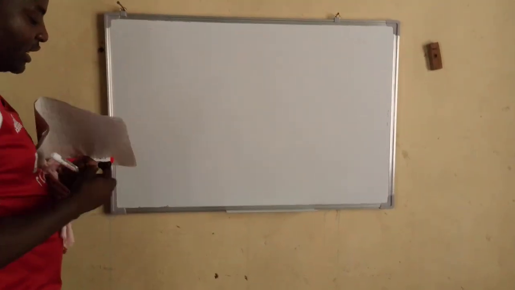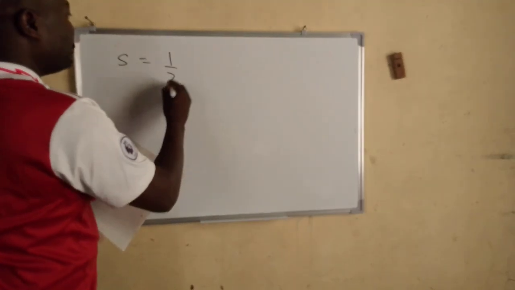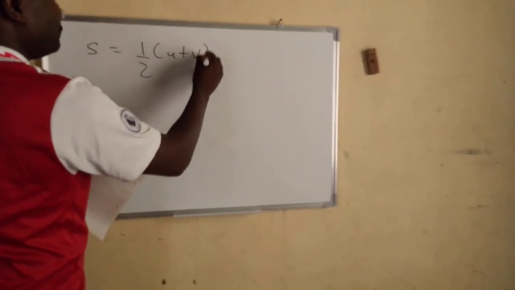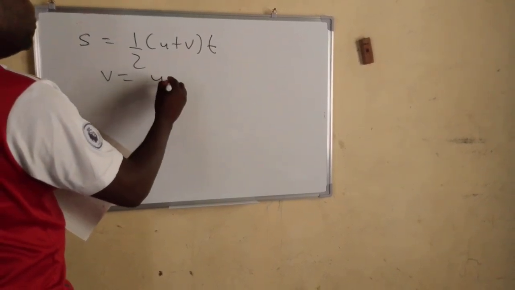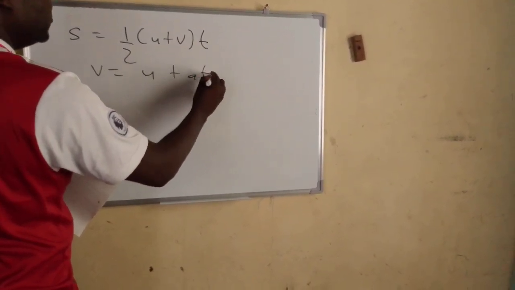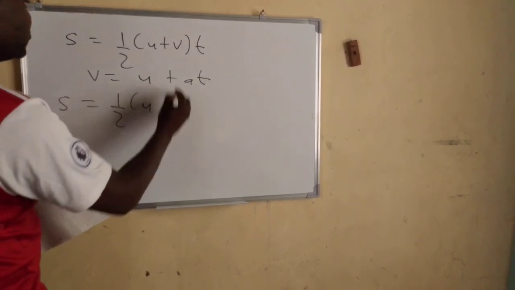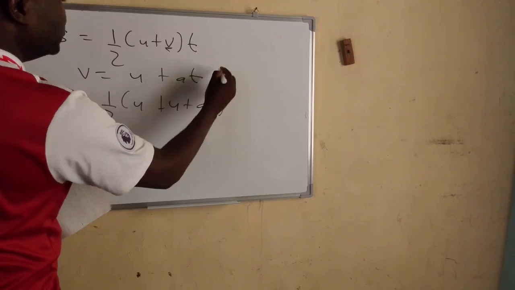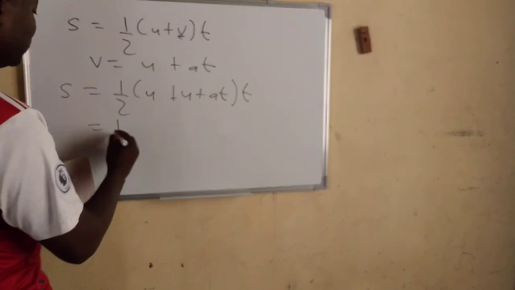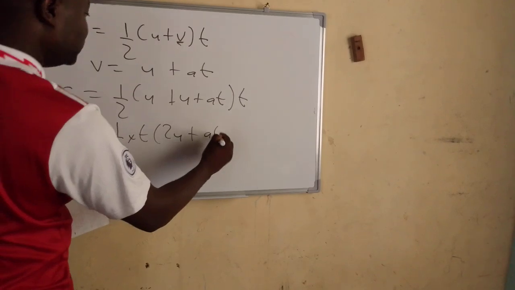So we have agreed that s is equal to half (u plus v) times t. Remember, v is equal to u plus at. So s is going to be half (u plus u plus at) times t, which is half times t times (2u plus at).